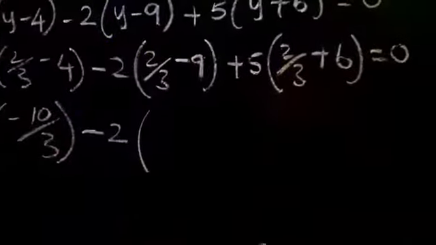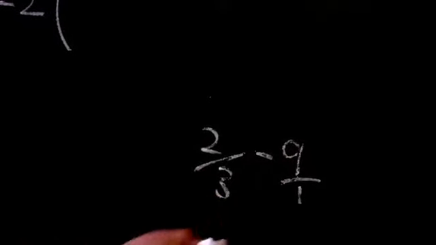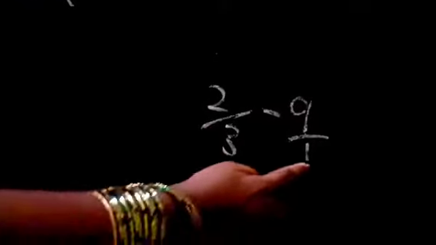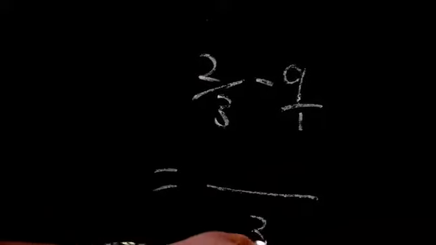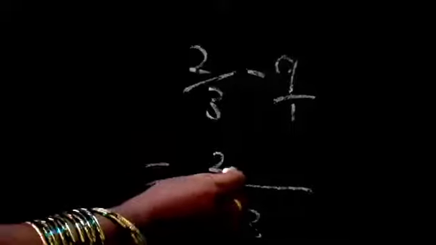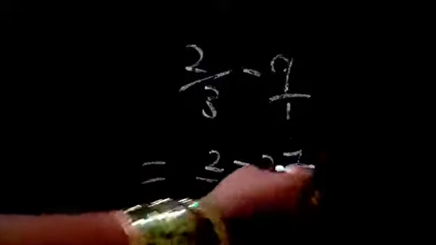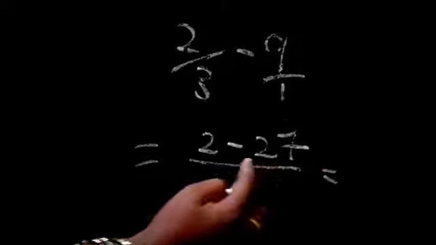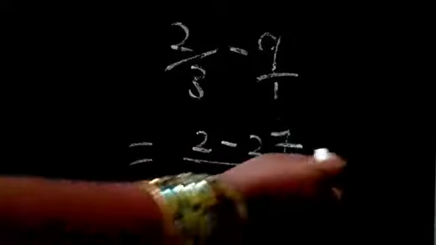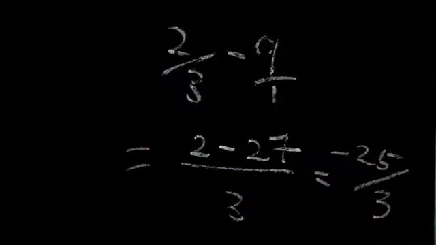Same like that, this portion we have to simplify. 2 by 3 minus 9 divided by 1 is also the same. Now 3 and 1, our LCM is 3. Cross multiply: 1 two is 2, minus 3 nines are 27. So minus 27 plus 2 is minus 25 divided by 3.